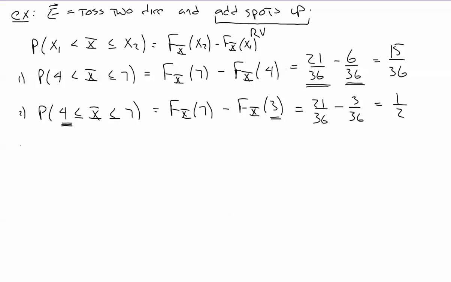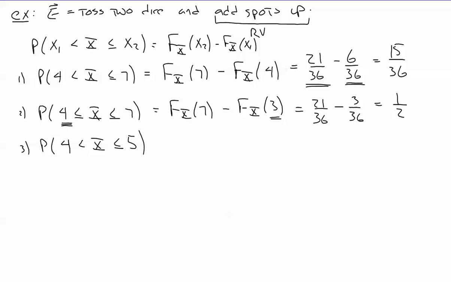All right. What about this one? What's the probability that my random variable lies between 4 and 5, inclusive of the endpoint 5 and exclusive of the endpoint 4?